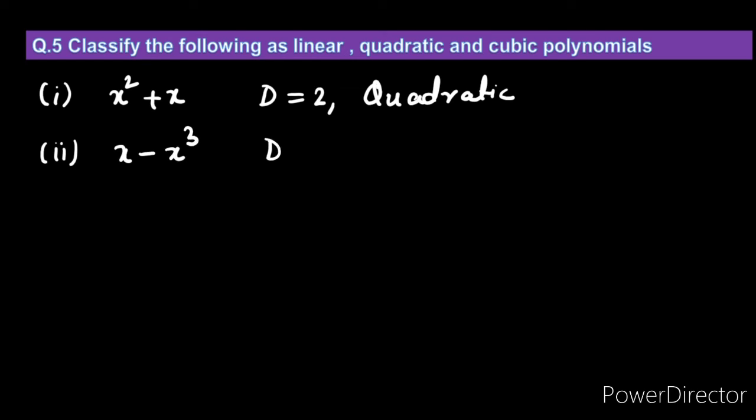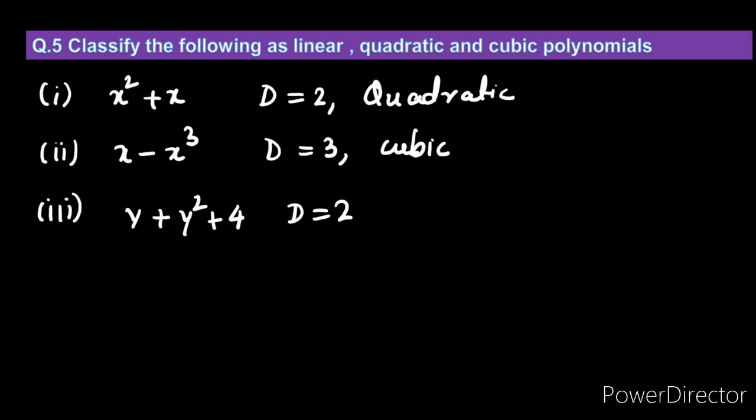The degree is 1, and it is linear. Question number 5, 3t, degree is 1. Just remember, if nothing is written there, the power is 1, and this is again linear. Number 6, 7x cube, degree is 3 and this is cubic, remember.